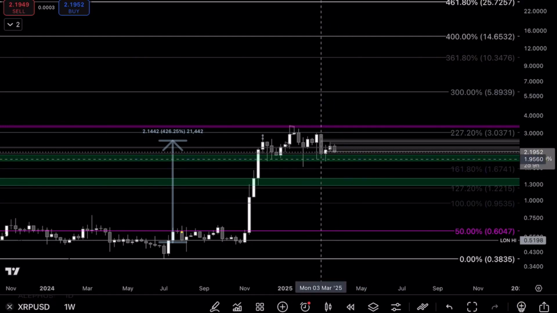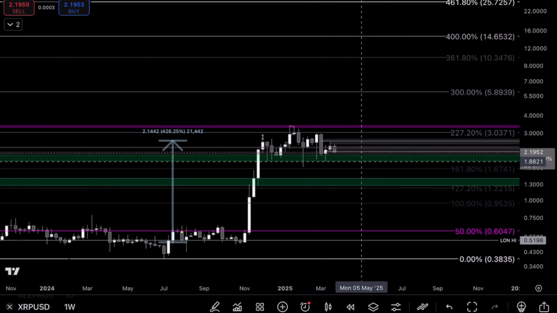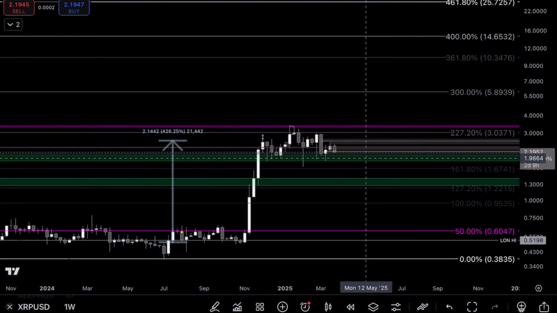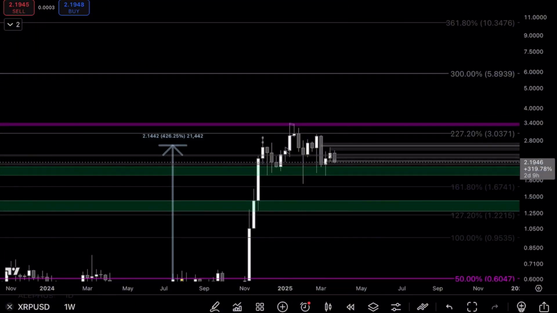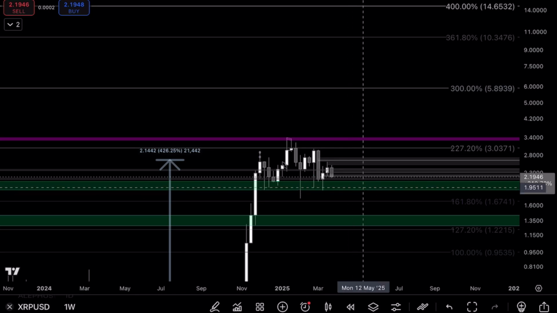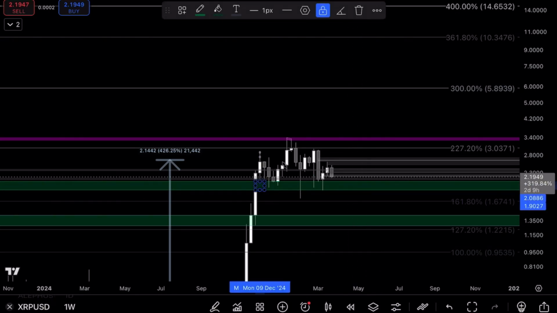This green area was a major support, so I want to definitely be on alert when it hits this green area, which is between the price of $2.08 and $1.90, and see if that support can handle the price and start bringing it back up.